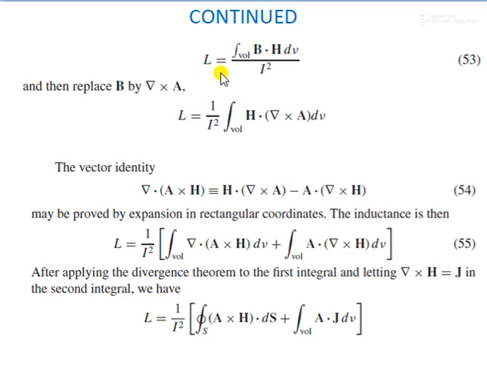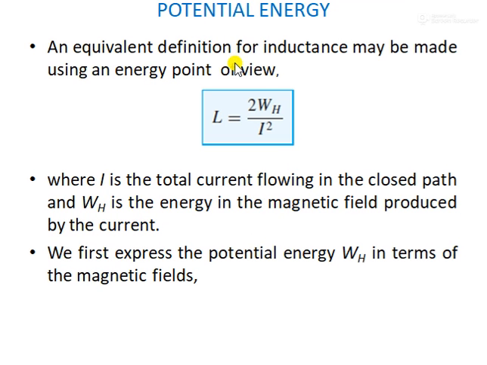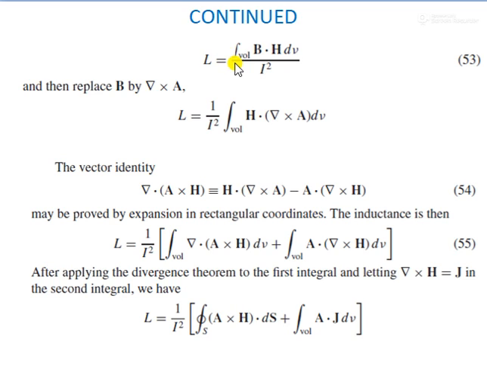Therefore, 2 W_H can be written as the integration over volume of B dot H dV, divided by I squared. Now replace B by del cross A. Therefore, 1 by I squared, integration over volume of H dot del cross A dV.